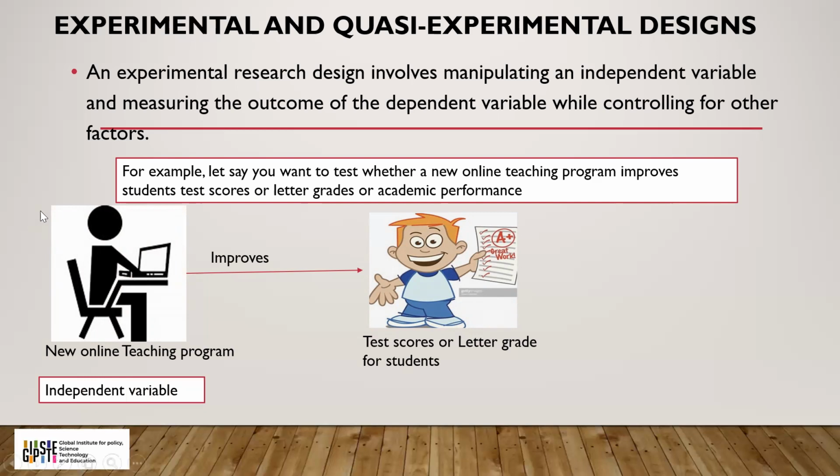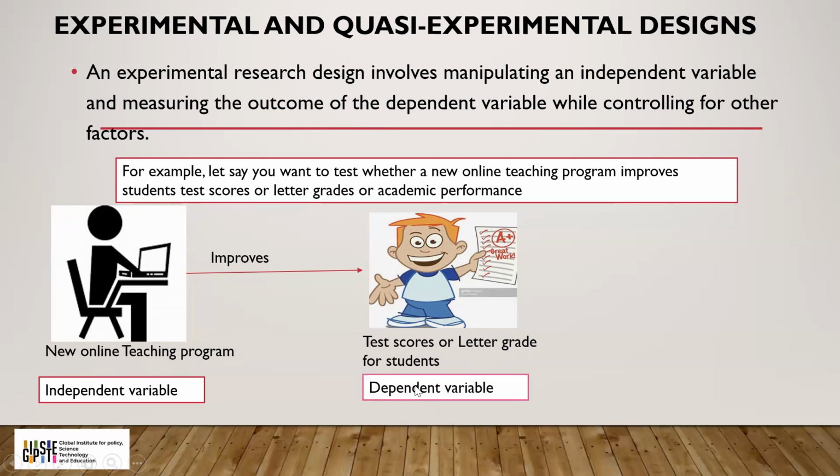In this particular scenario, the new online teaching program is the independent variable, which the researcher will manipulate to measure the outcome of the dependent variable while controlling for stress and health-related factors, to see if the new online teaching program improves student test scores or letter grades.